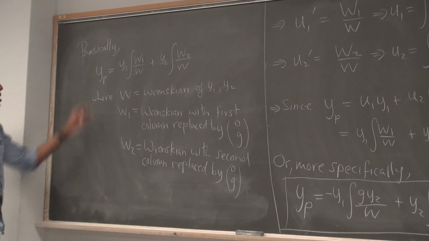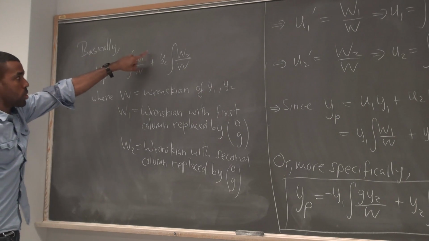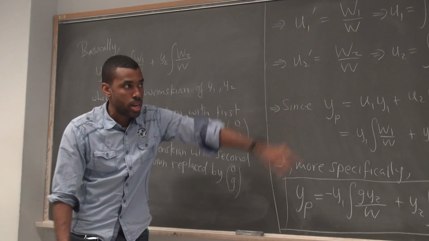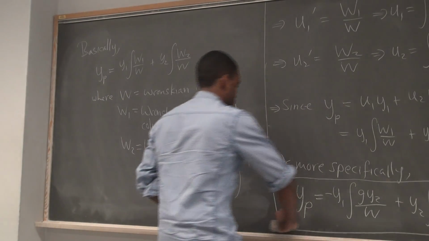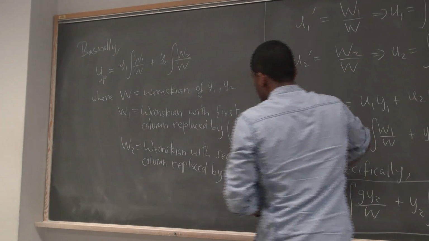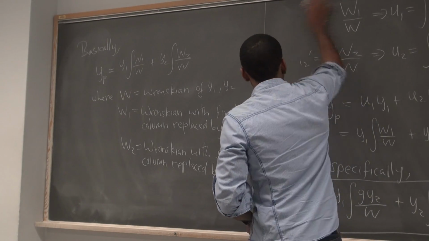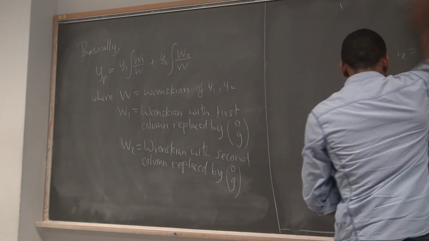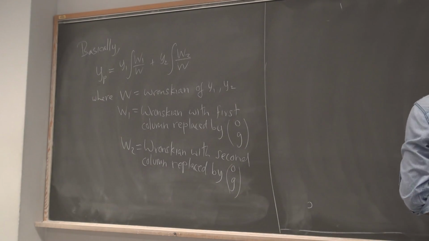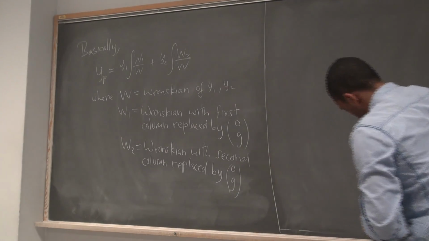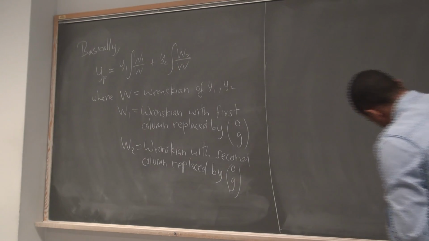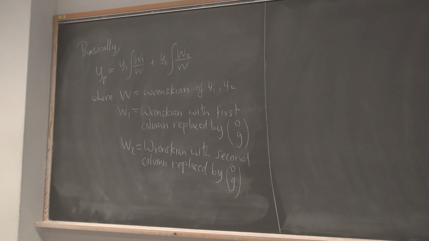But basically that's it, and if you really flesh out what w1 and w2 are, you get the formula that I have over there. When we get to chapter 4, I'll talk about the general case. But that is basically it. Let's actually do some examples so we can stop being confused and see this in action.